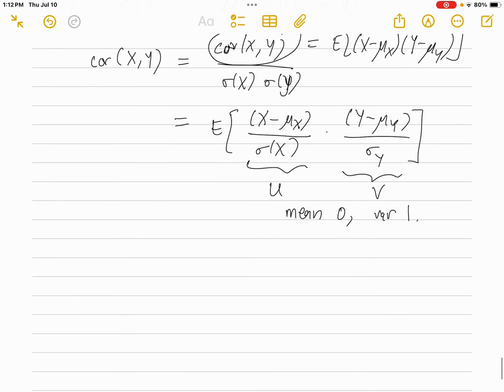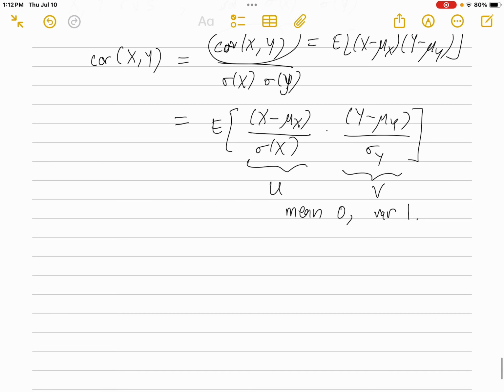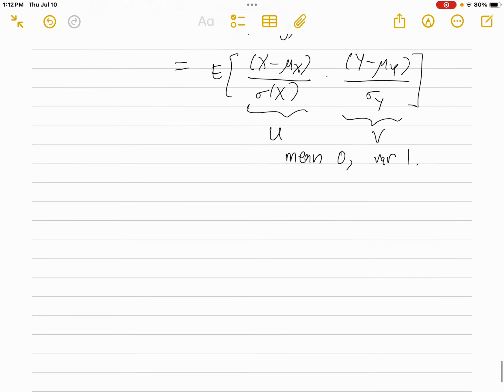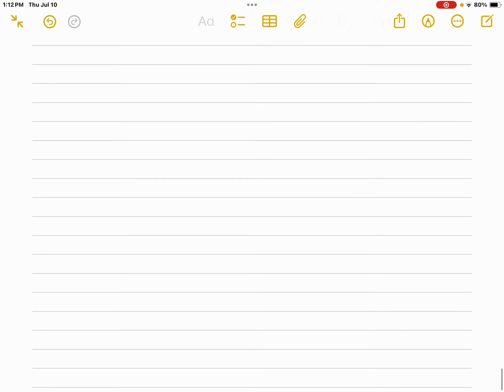That's the definition of the correlation of x and y. Now let's look at some properties of this. So suppose that you have two random variables, x1 and x2, and you define y1 to be a1 x1 plus b1, and y2 equals a2 x2 plus b2.